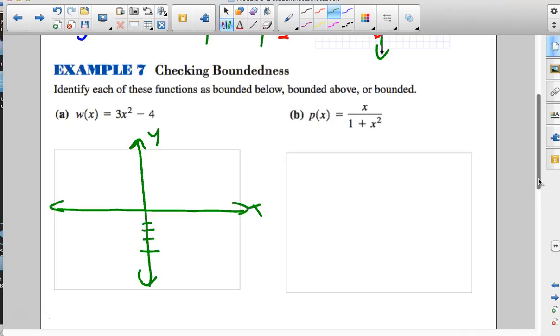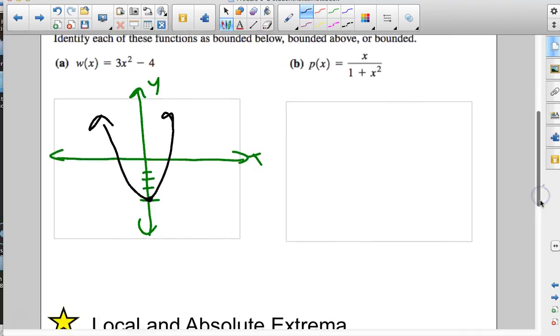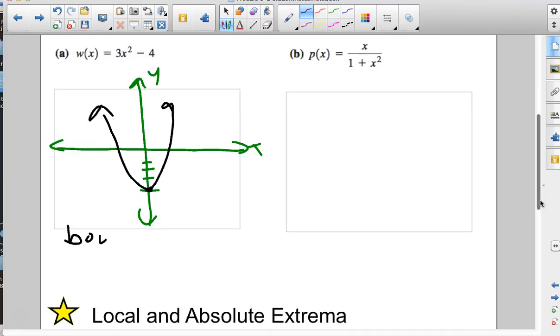And I realize, isn't that really all I needed to know? Because I know it's a parabola. This is going to look like that. Bounded below, bounded above, or bounded? Bounded below. There's a cutoff here. Bounded below.